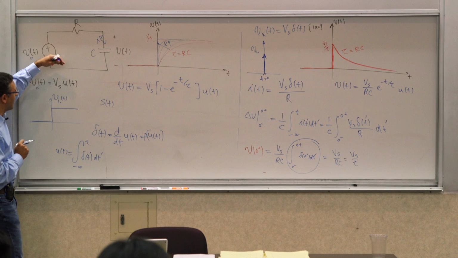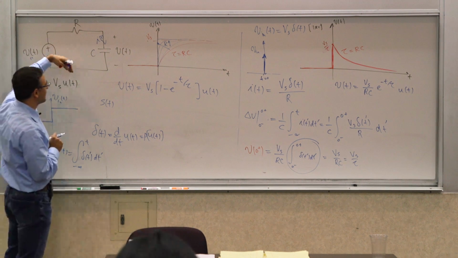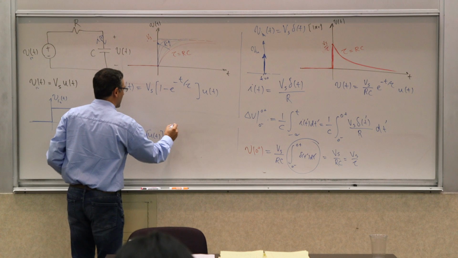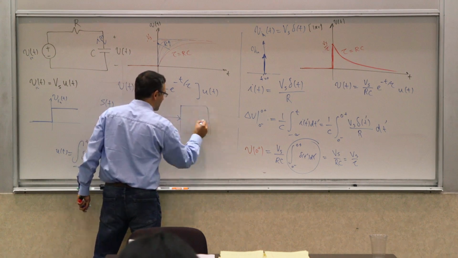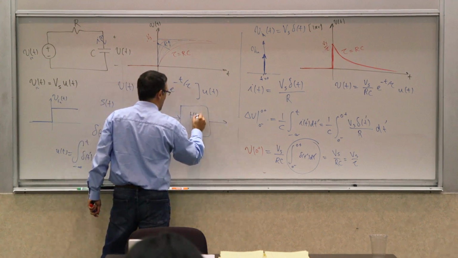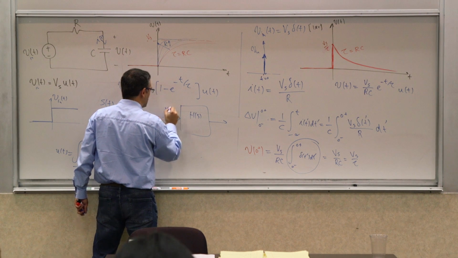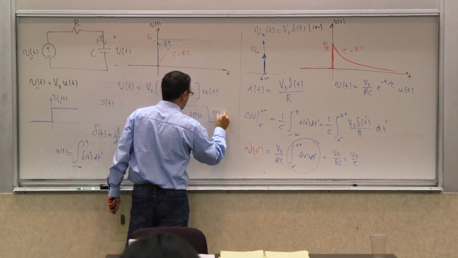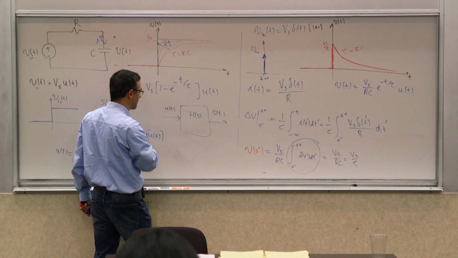So if delta is the derivative of the step, think about this as the system. We put a step in, u of t, it gave us s of t, the step response.